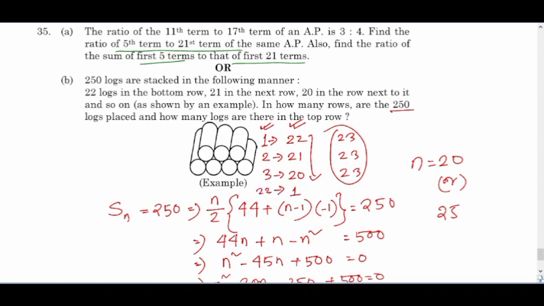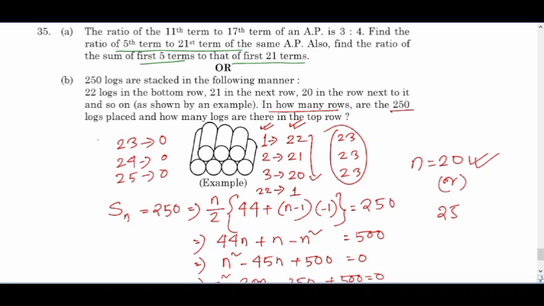The 23rd row has nothing, 24th has nothing, 25th has nothing, here 0, 0, 0. So in this question we have to find the minimum number of n, so the right answer will be 20. So in how many rows are the 250 logs placed and how many logs are in the top row? n equal to 20 will be the final answer.